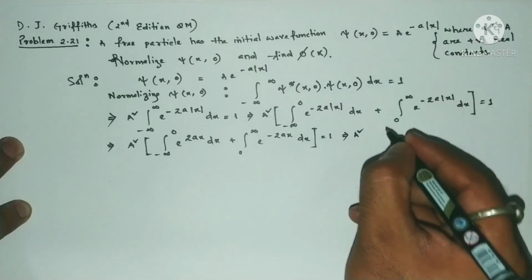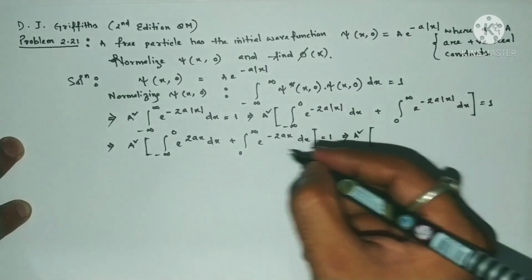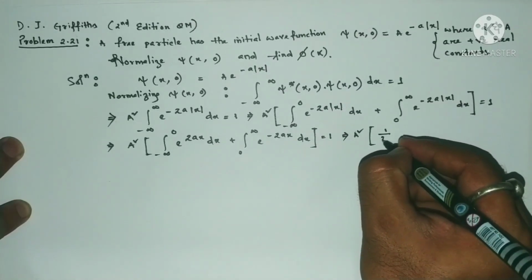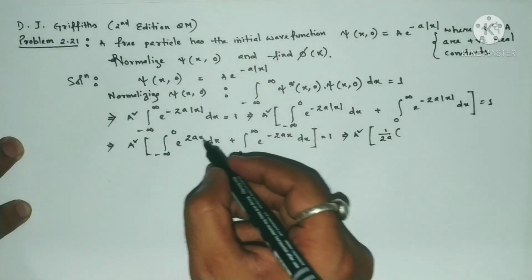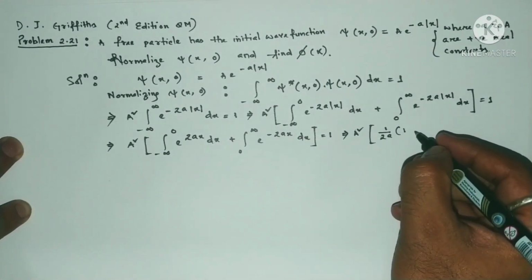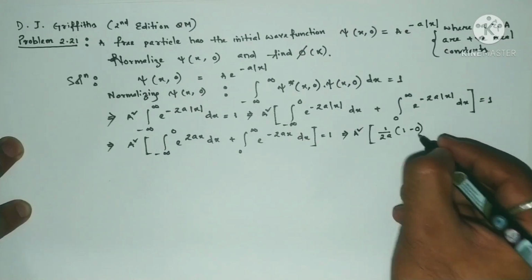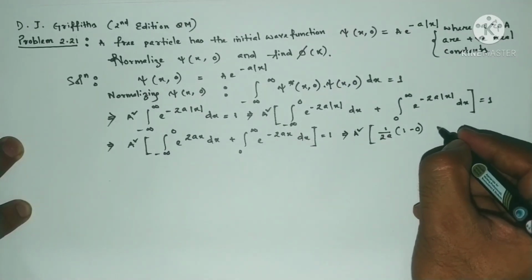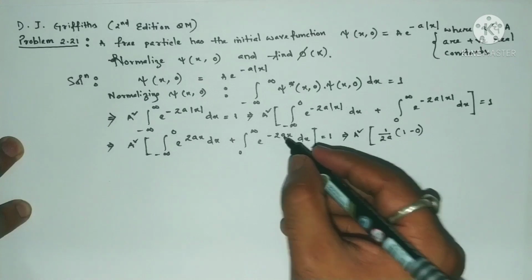So integration of the first integral will give you 1 by 2a. So e raised to 0 will give you 1 and e raised to minus infinity will give you 0. Similarly for the second integral, it is 1 by minus 2a.